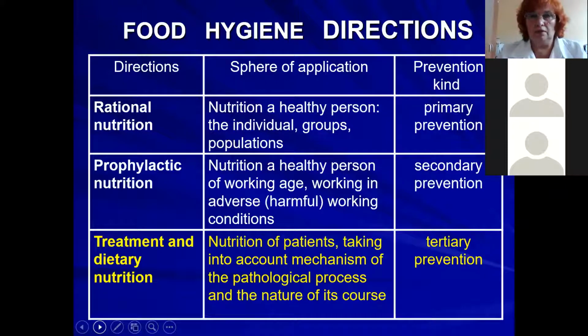The third one is treatment and dietary nutrition. Nutrition of patients, taking into account the mechanism of the pathological process and the nature of its cause. This is the tertiary prevention.